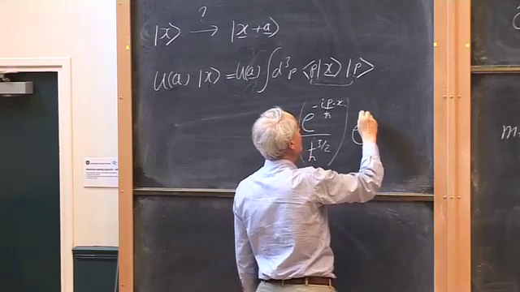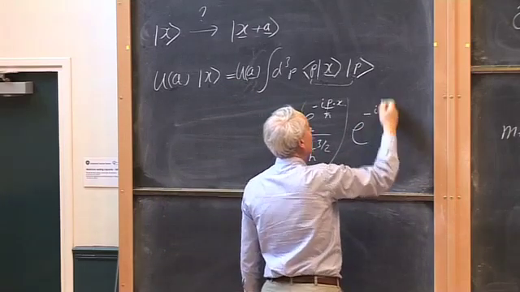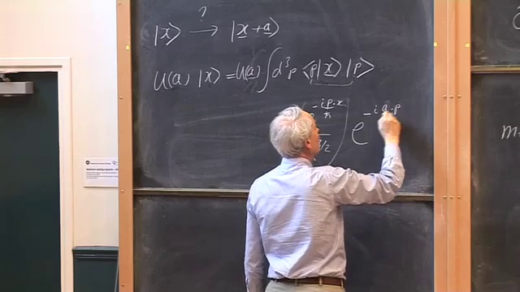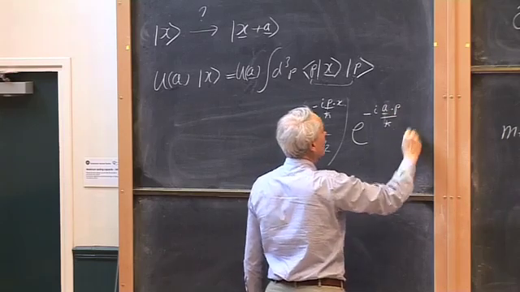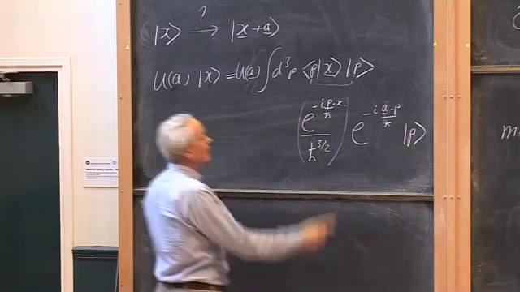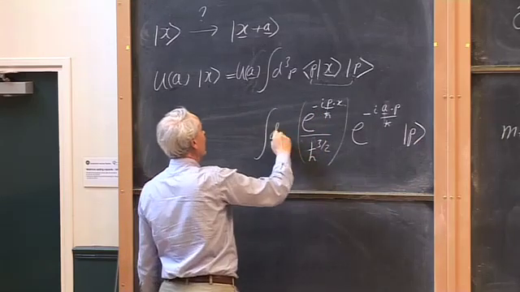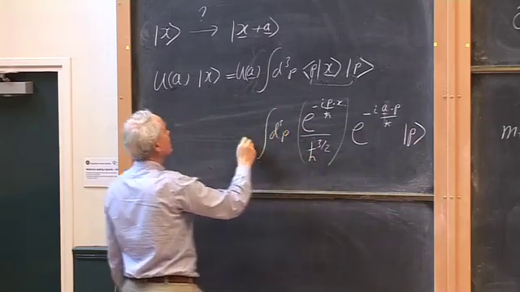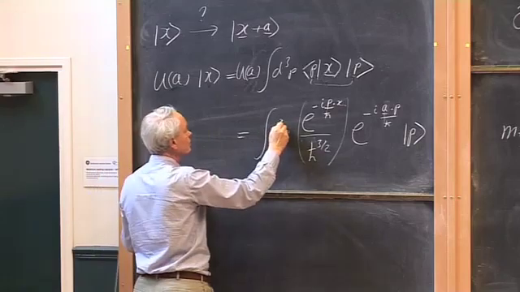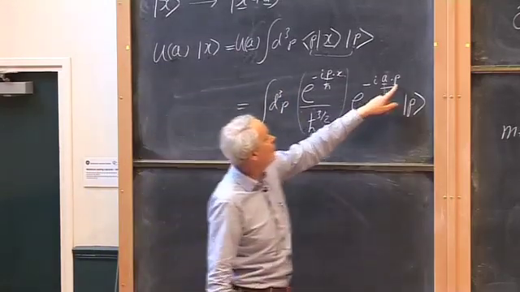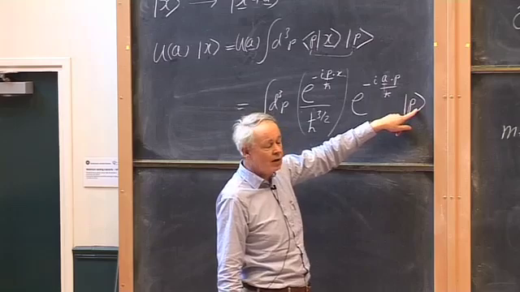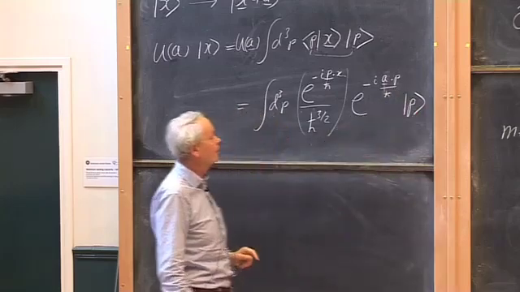So we get an e to the minus i a dot p over h bar times the eigenket left behind, and still we have to do a d cubed p integration. Right, so this is no longer an operator because it already worked on that and produced its eigenvalue.